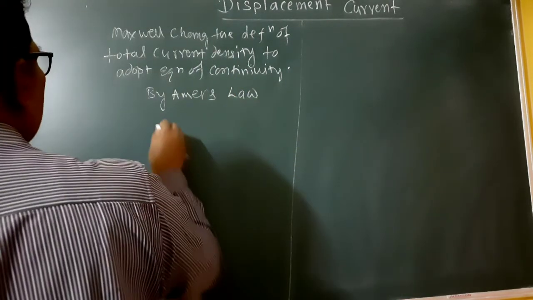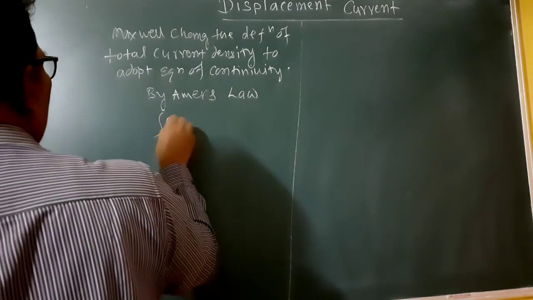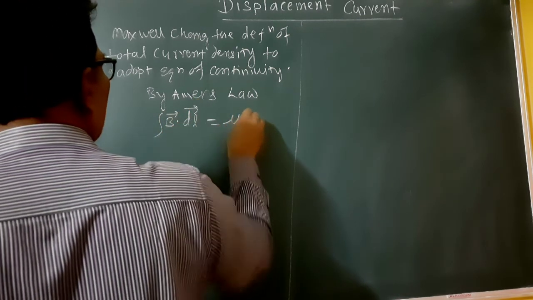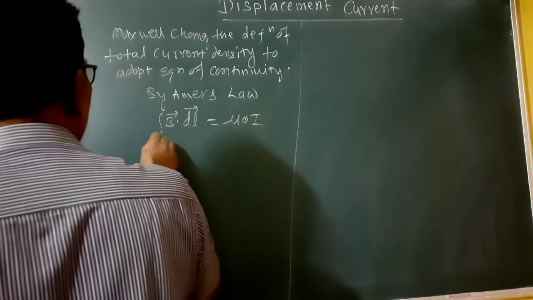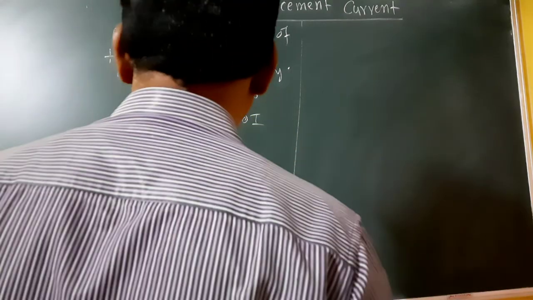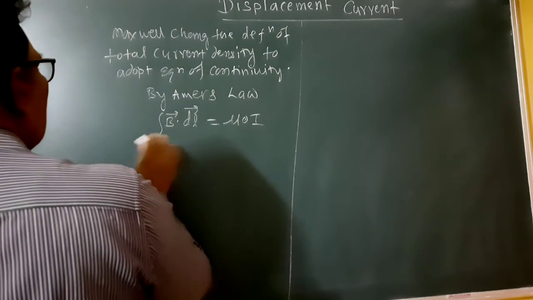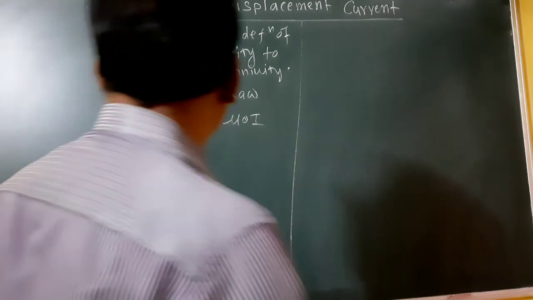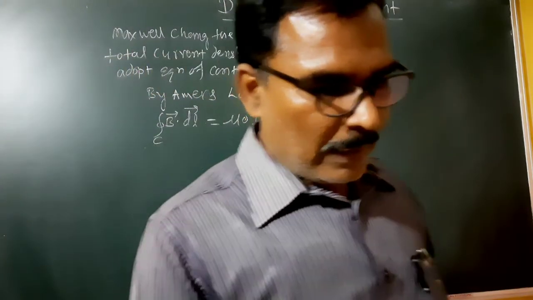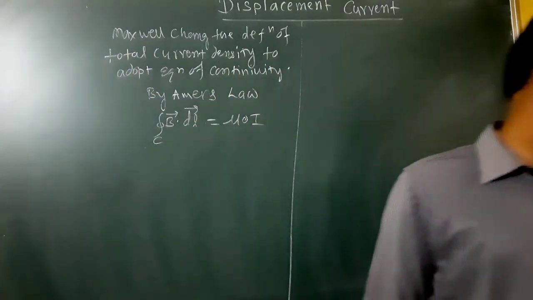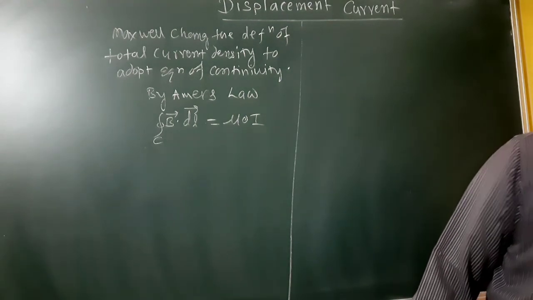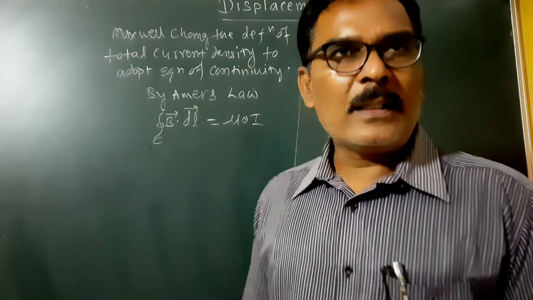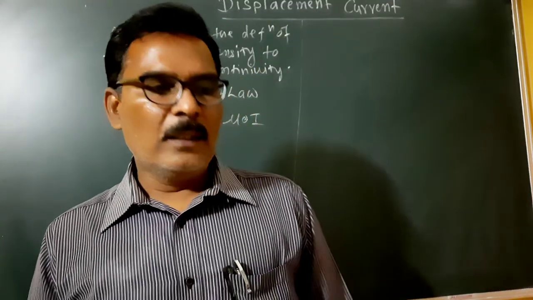The line integration over a closed loop of B bar dot dl bar is equal to mu 0 times I. Mu 0 is called the permeability, and I is the current passing through the circuit.